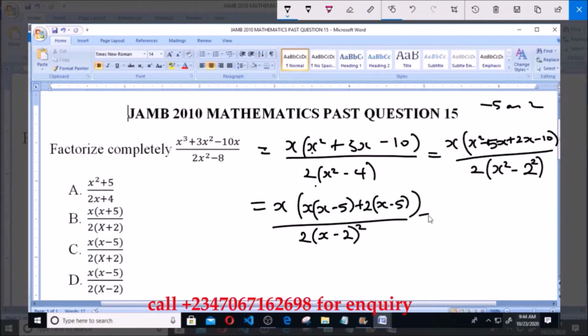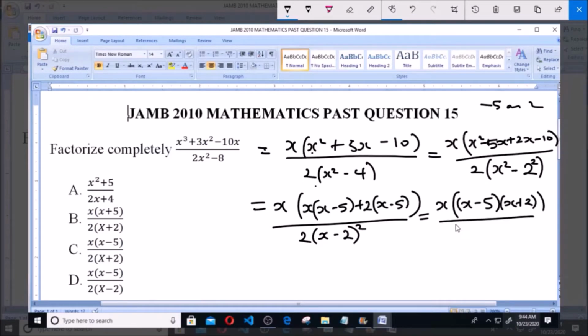Now this is equal to x into, now factorization of this will give us what? x minus 5, x plus 2, all over 2 into x. Now this can be written as, since this is x minus 2, x minus 2 x plus 2.